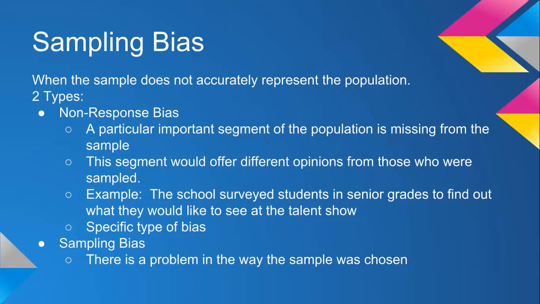So if it's just one segment particularly missing, that could be non-response. For example, you might say that a good sample is studying people at Walmart, and so we say, all right, I'm going to go into Walmart, and I get a good idea that this fairly accurately represents the population.